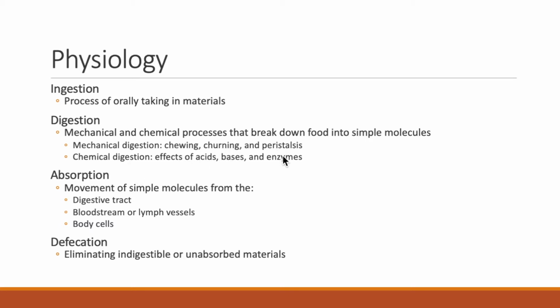Chemical digestion is the effects of acids, bases, and enzymes that break down the bolus or your food. Absorption: movement of simple molecules from the digestive tract, bloodstream or lymph vessels, and then into your body cells. Defecation: eliminating indigestible or unabsorbed materials.